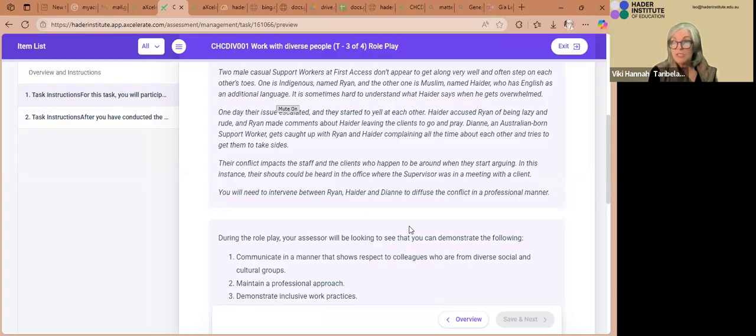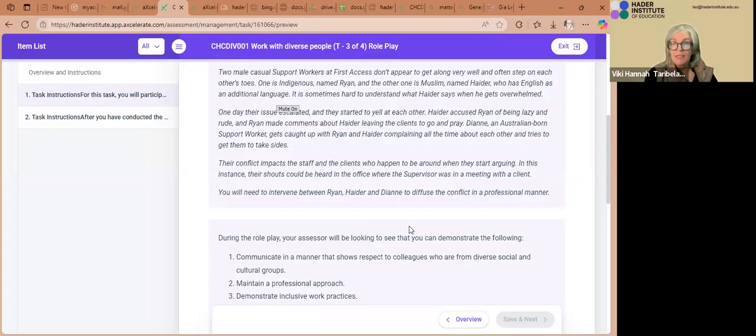As you come in, the most important thing, we want to see what you're going to do. We need time to be able to watch you do that. Everyone will be having that conflict. They'll be verbalising what's going on, and your role is to come in and handle that professionally in a calm manner and diffuse that situation.